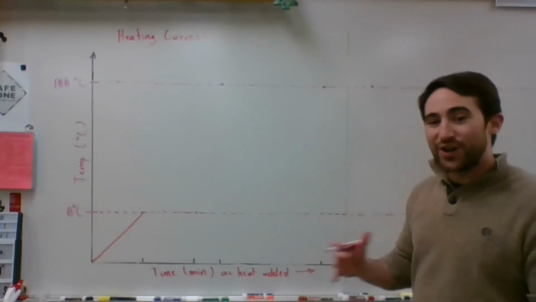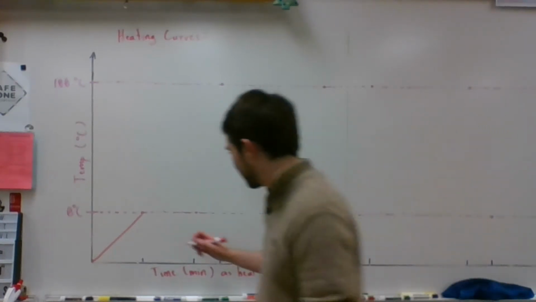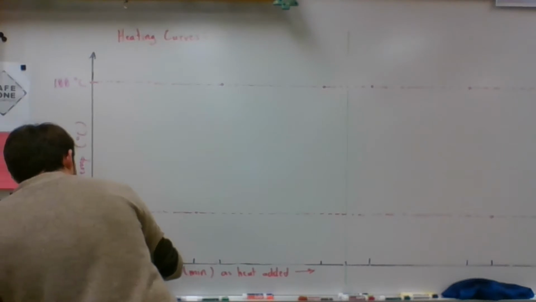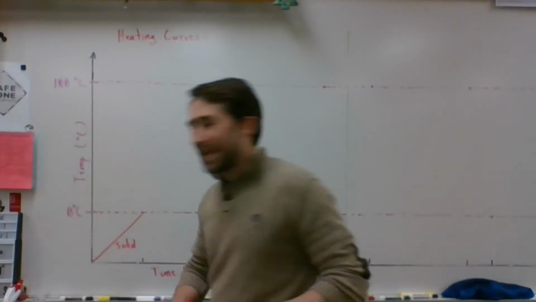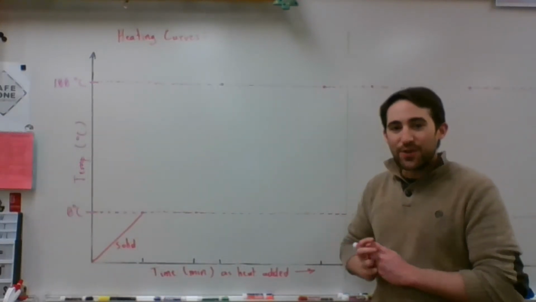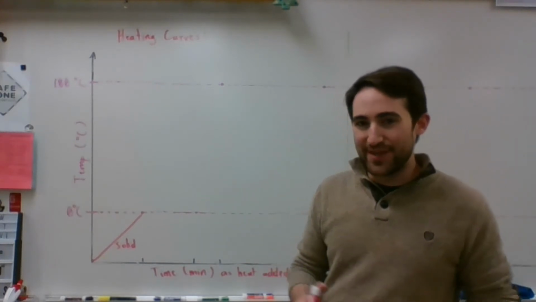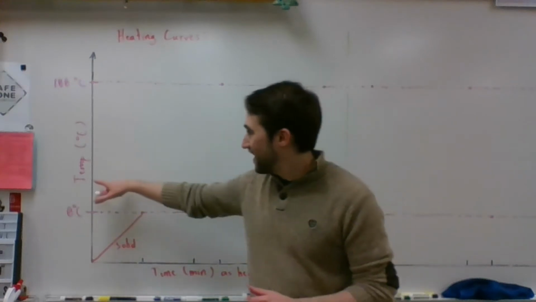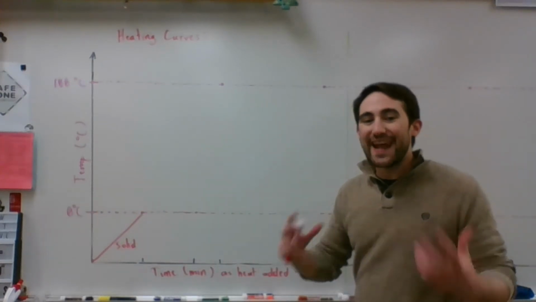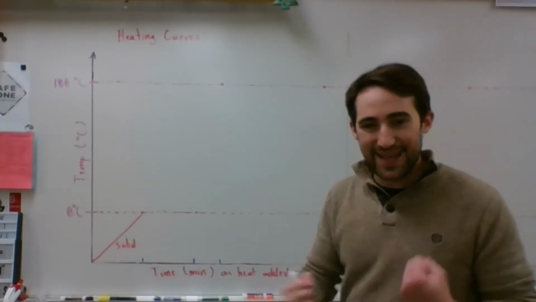Now again, we're starting with just the solid. As we add heat to the solid, the particles in the solid are going to move faster and faster and faster. What we measure as temperature is really the kinetic energy of those particles as they move around.